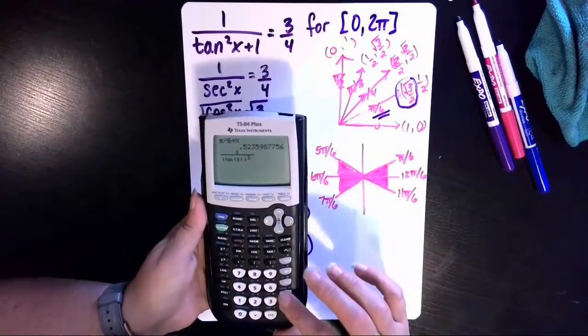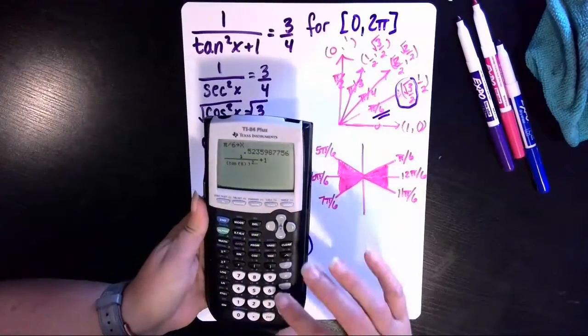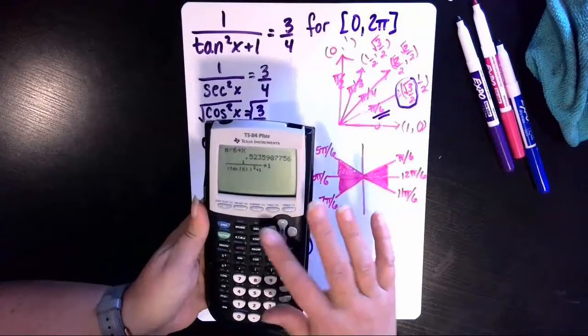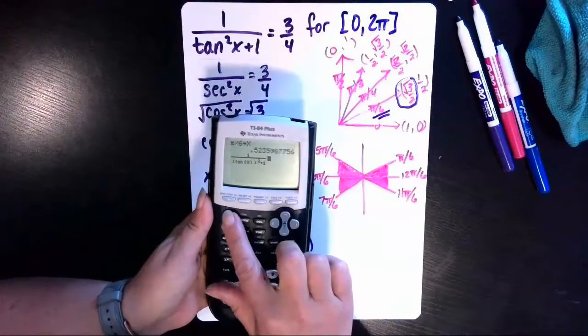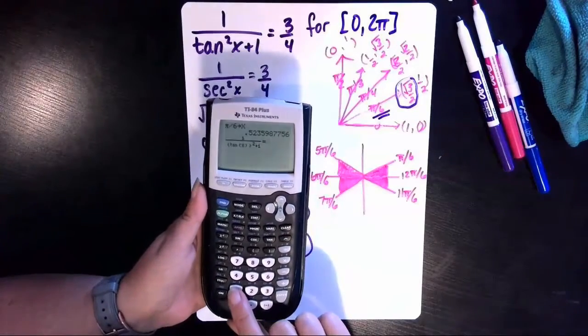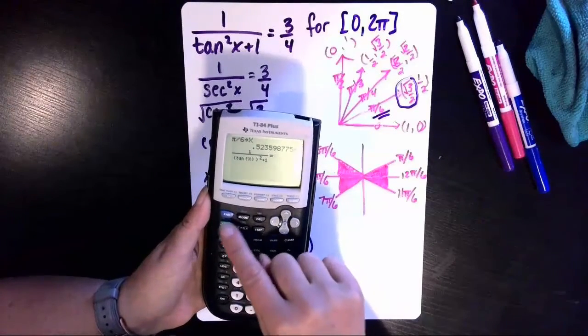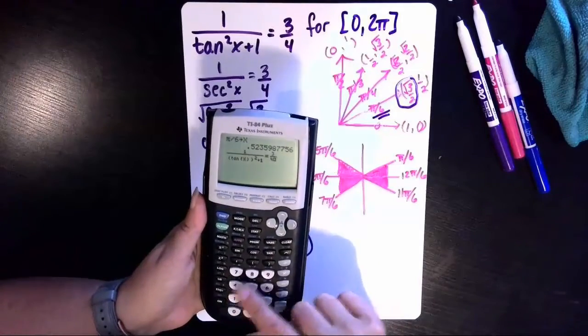And that's plus 1 in the, oops, we want that to be in the denominator. Plus 1 in the denominator. Okay, and then to get the equal sign, we go to second math and press number 1 for equals. And we want that set equal to a fraction of 3/4.